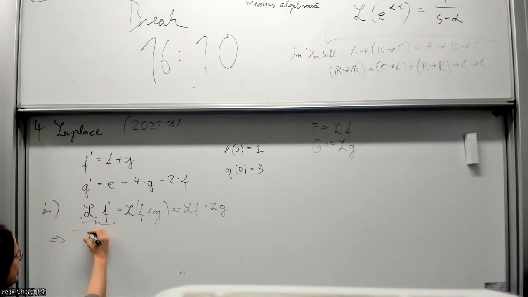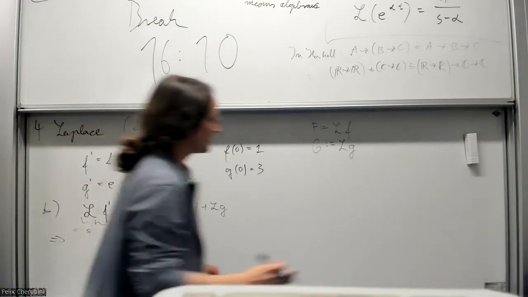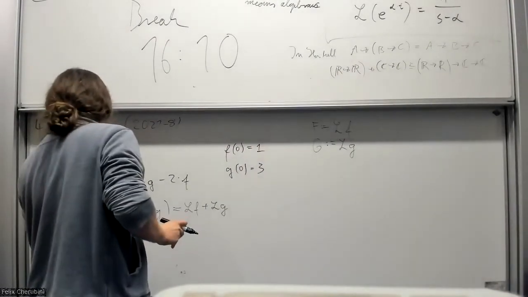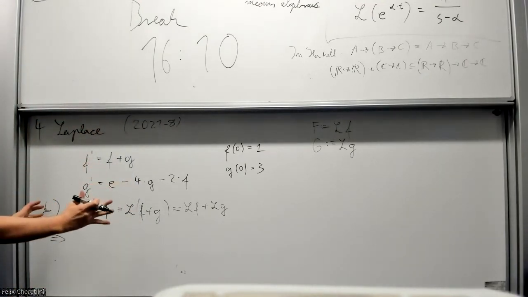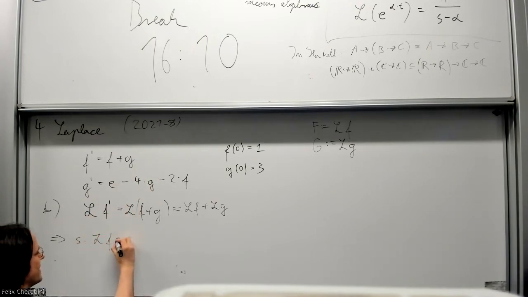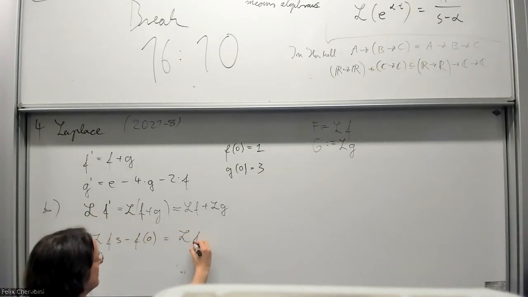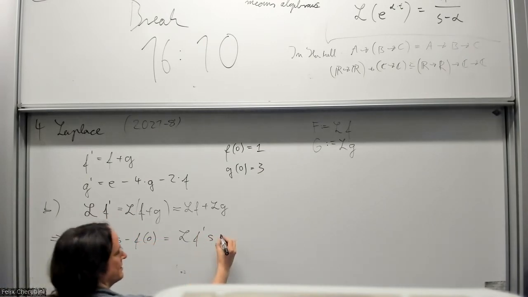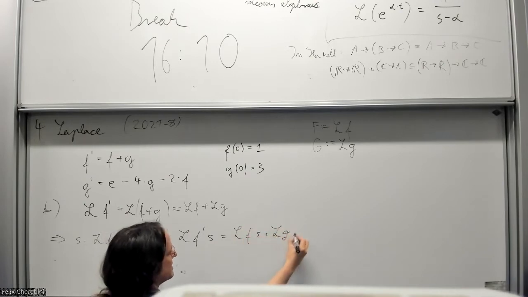I'll introduce an argument now, and then I know s times LF of s minus f of 0 will be the thing we had here, and this will be the same as LF of s plus LG of s.